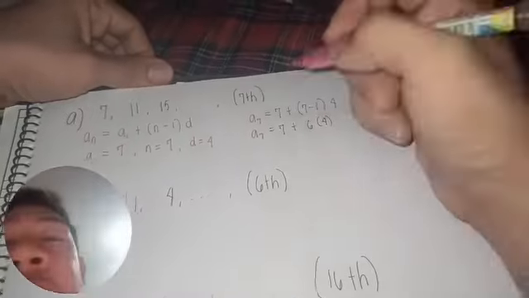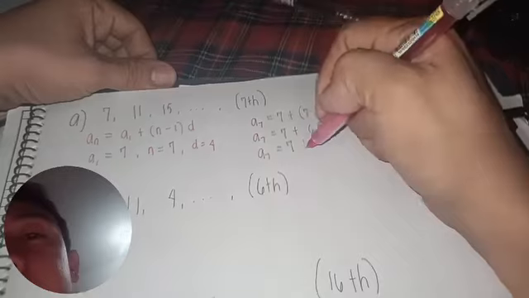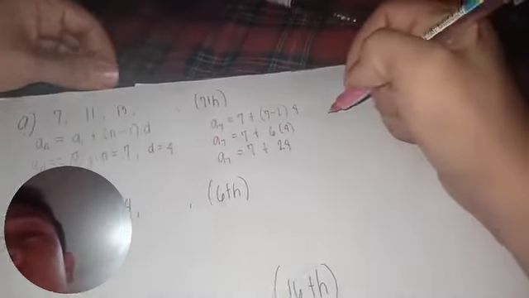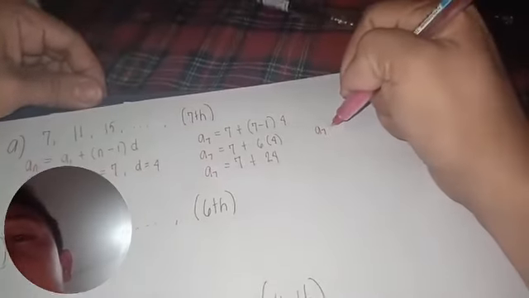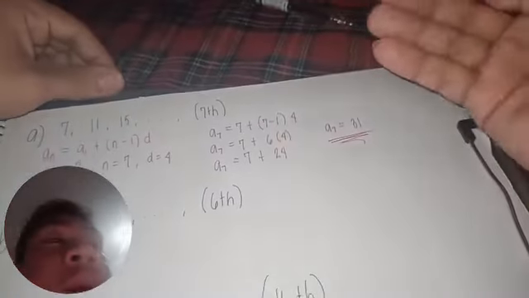Then do the multiplication. a sub 7 is equal to 7 plus 6 times 4, which is 24. Then do the addition. Thus, a sub 7 is equal to 31. And 31 is our seventh term.